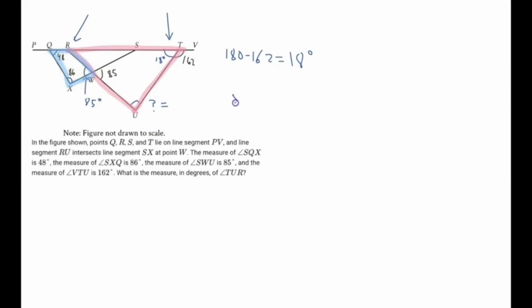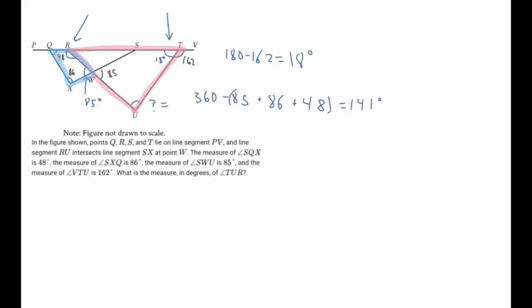We found 85 degrees, and then, well, we didn't really find this, they gave it to us, 86 degrees, and then they also gave us that 48 degrees. And so now if you want to find this angle in the corner right here, angle QRW, we just have to subtract all those other angles from 360. And so that gets us 141 degrees.